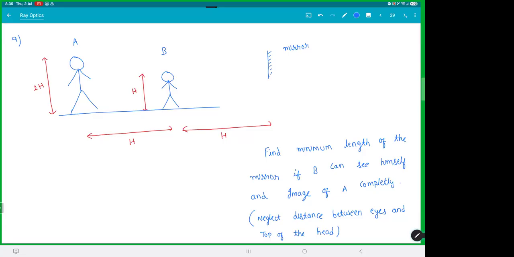Hope the question was clear. Everyone should try to solve the problem instead of combing your hair and playing with your hair. So do give it a try.